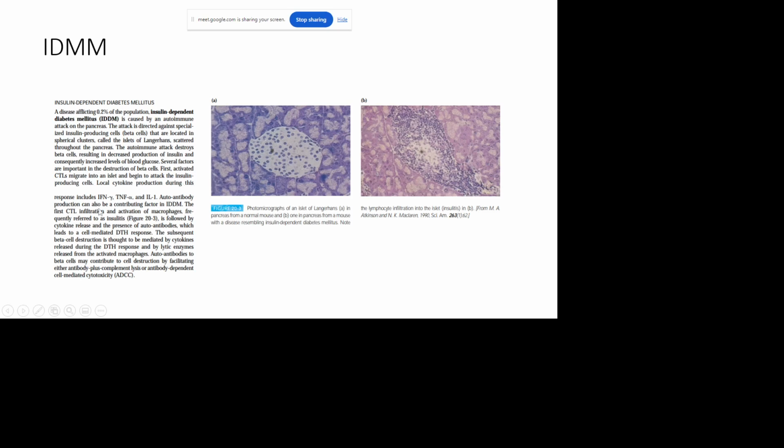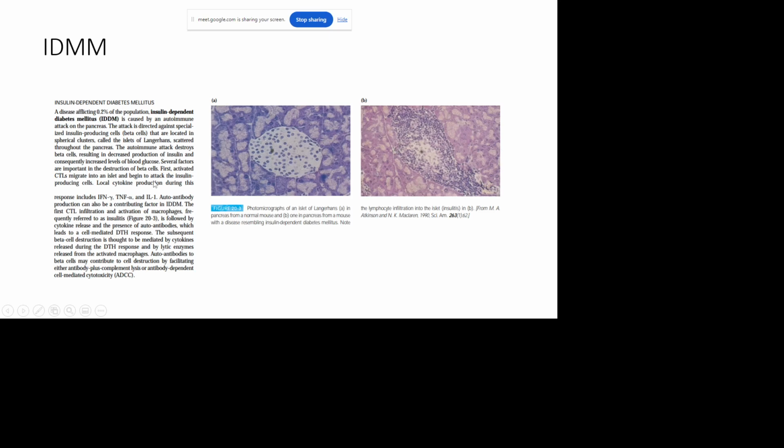First is the CTL, the cytotoxic T cell, which migrates from the blood vessel to the islets of Langerhans, and will begin to attack the insulin producing cells. The cytotoxic T cell will go and destroy those beta cells of the islets of Langerhans.